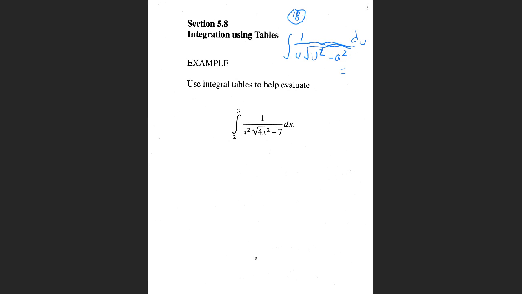So what's the variable in formula 18? I see an a and a u. What's the variable though? Is it the a or the u in formula 18?